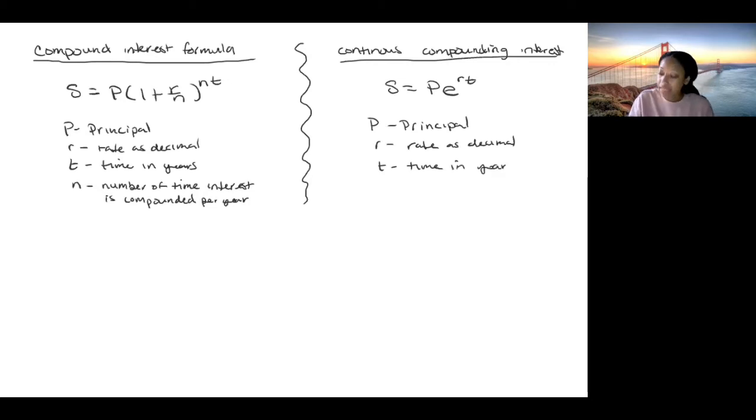The difference in this case is if you're compounding your interest all the time, there is no N. N is infinite. You're always compounding, so you don't need that number. And remember, E is the number E.